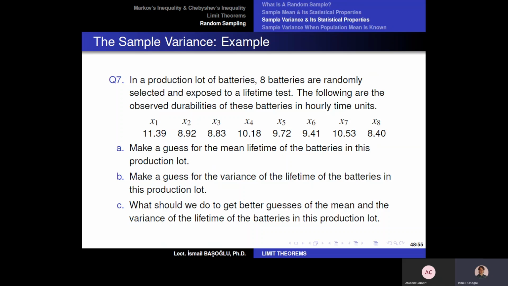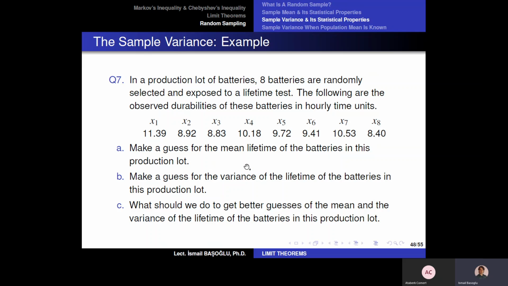So we cannot apply quality control checks on all products that we manufacture. Because of that, even though we manufacture thousands of batteries, we randomly select a few of them, which is 8 here, and by using these 8 batteries, we create a sample of observations on their durabilities.